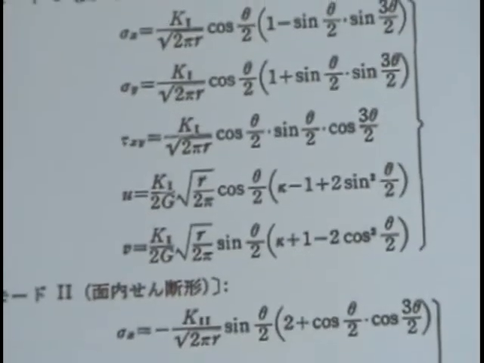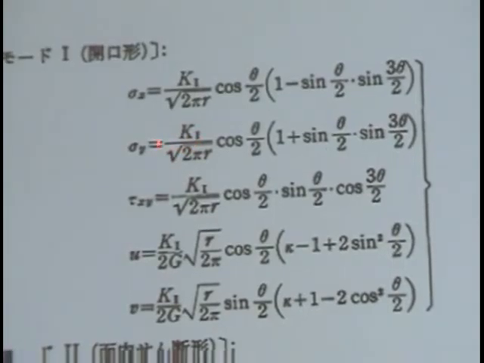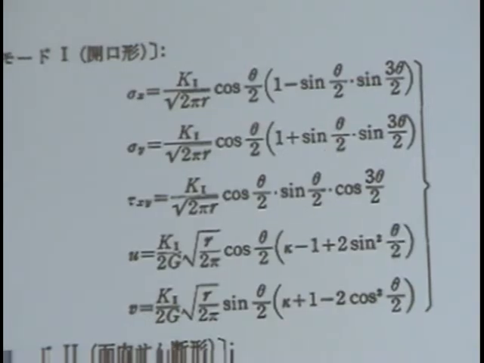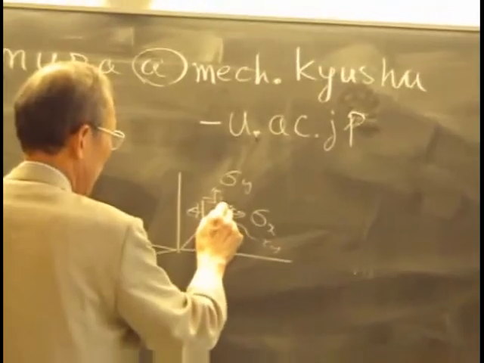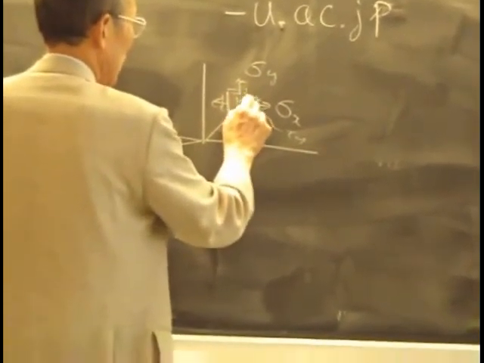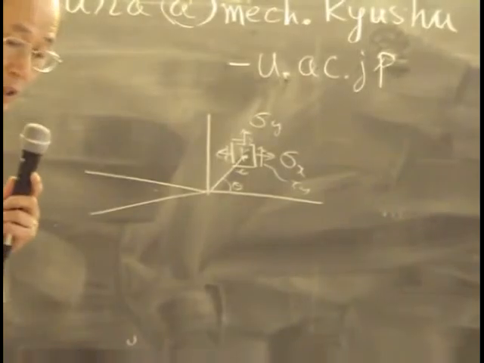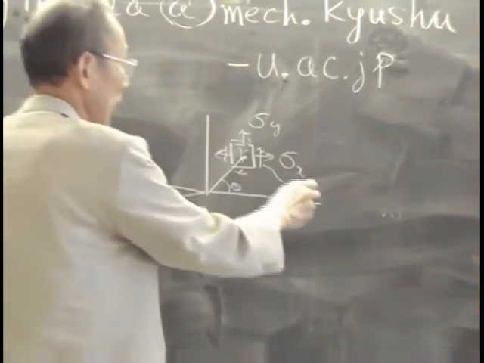This is expressed by polar coordinates, but these stress components are expressed in the Cartesian coordinate. Here we have sigma y, sigma x, tau xy, at the r and theta point in polar coordinates. Stress is given in xy.